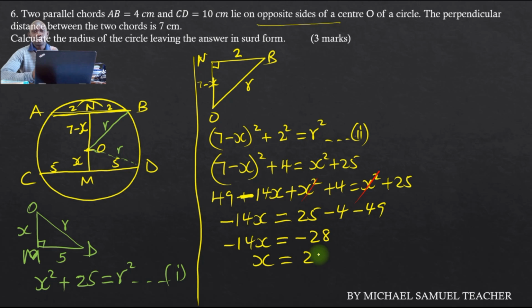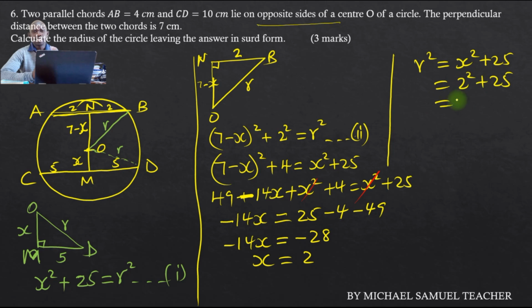And the question requires us to find what? R. So we can take either equation 1 or equation 2. Let me consider equation 1. R squared is equal to x squared plus 25. So x is 2, squared plus 25, which is 4 plus 25, which is 29.